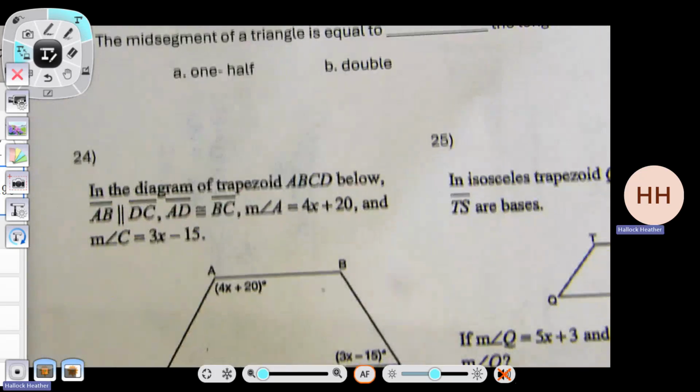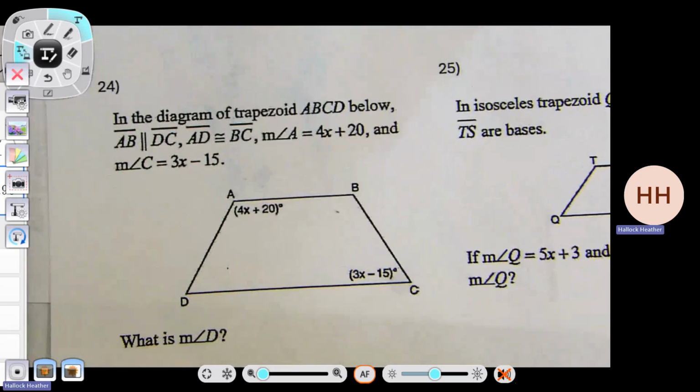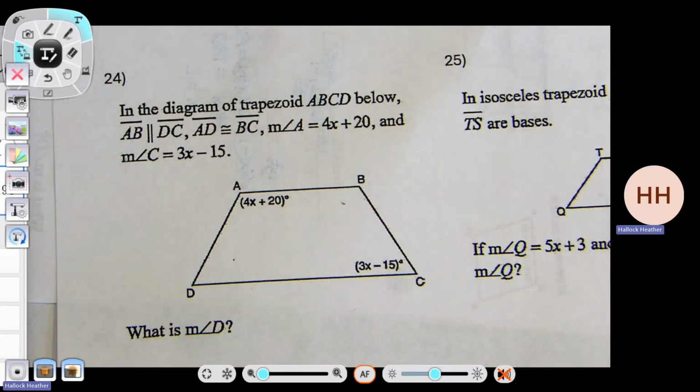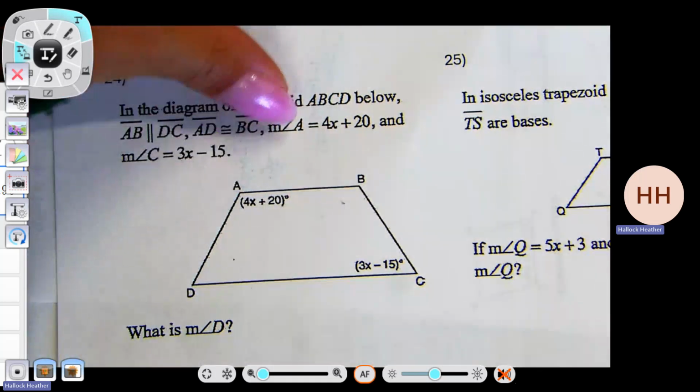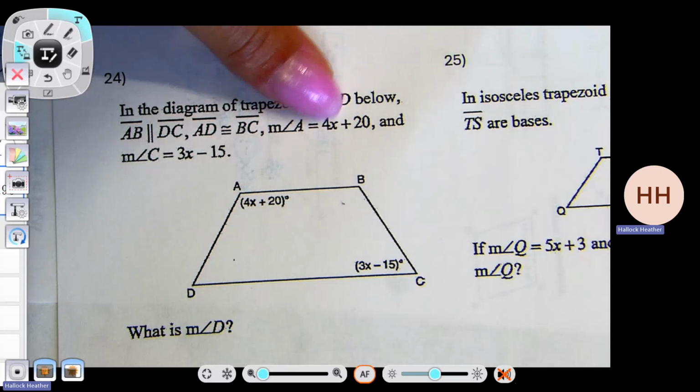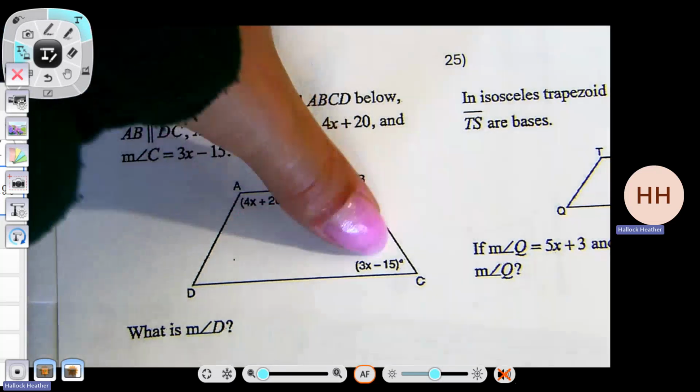So let's do 24. 24 says in the diagram, you have a trapezoid ABCD below, AB is parallel to CD, AD is parallel to BC. A is 4x plus 20, C is 3x minus 15.